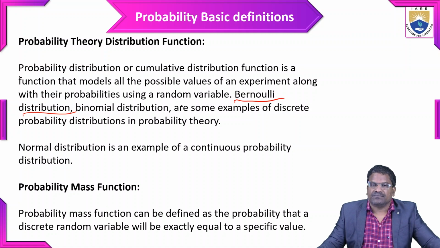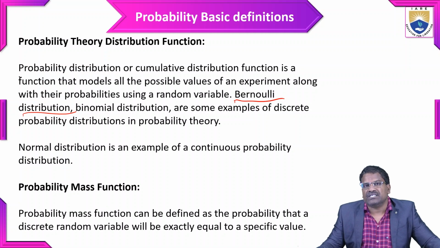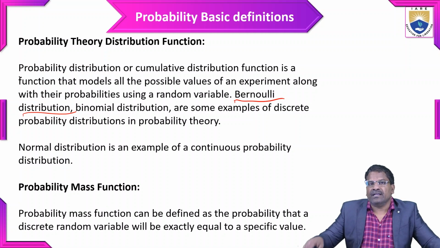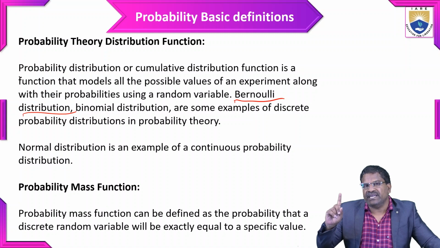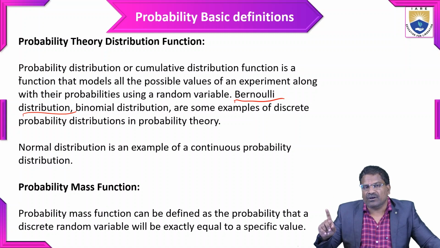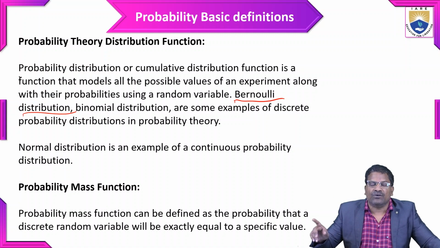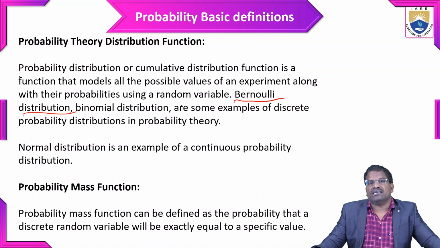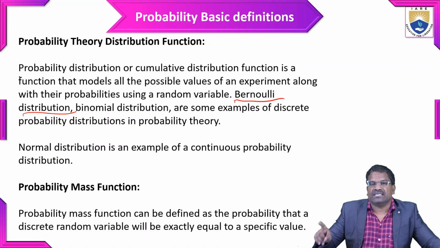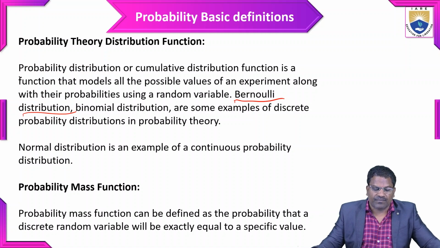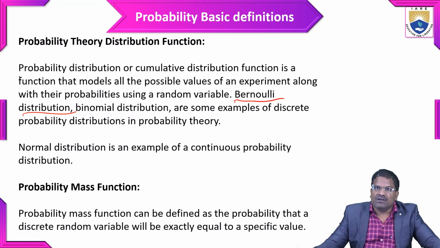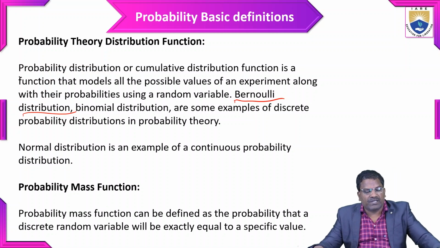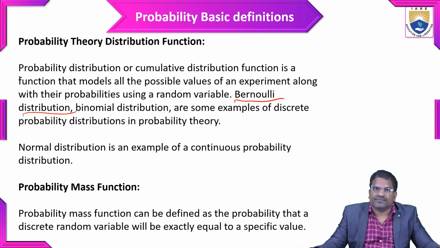Normal distribution. What is normal distribution? When do we say it is normal distribution? When its mean mu is equal to 0 and standard deviation is equal to 1, then we say that it is normal distribution. Normal distribution is an example of a continuous probability distribution.